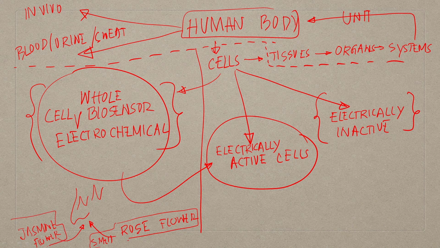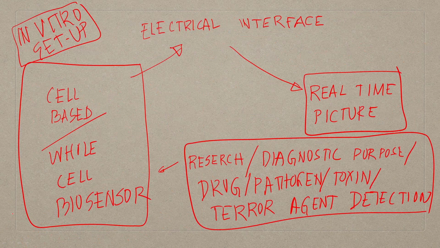And in our next class, we will talk about how these different unique features could be utilized to build whole cell biosensors, which are one of the most potential tools in the world of basic research, diagnostics, drug discovery, toxin detection, pathogen detection, and terror agent detection.